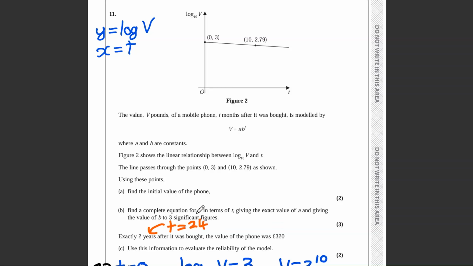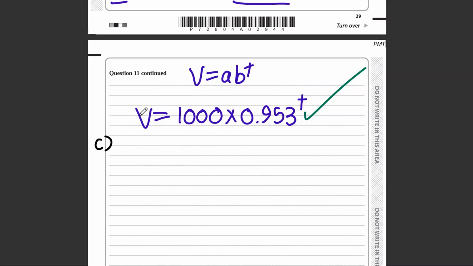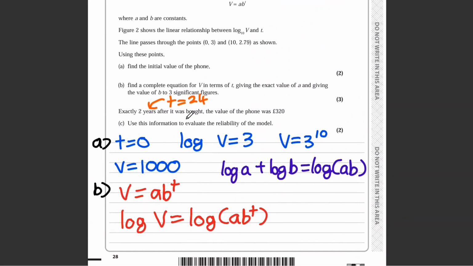So what we're going to do, this t is equal to 24, we're going to sub this into our model here and get out the value of v, which is the value of the phone that our model predicts, and we're going to compare this to the actual value, which is this £320, and see how accurate it is.